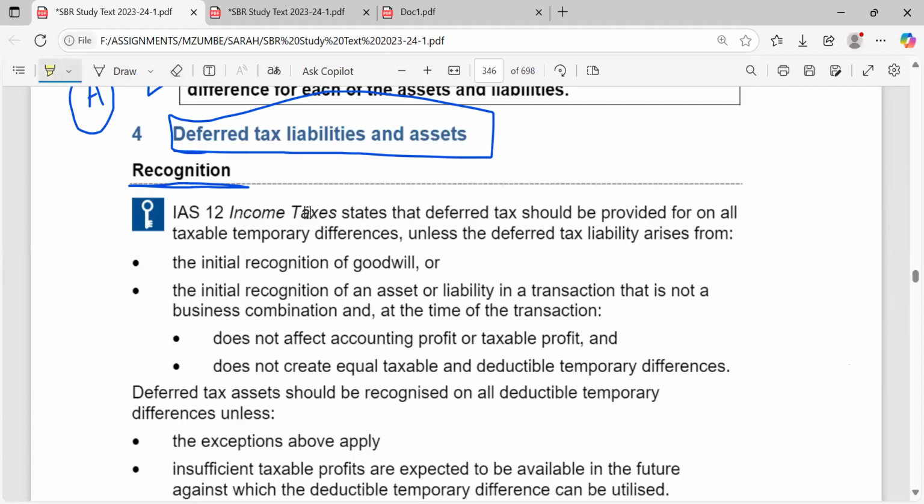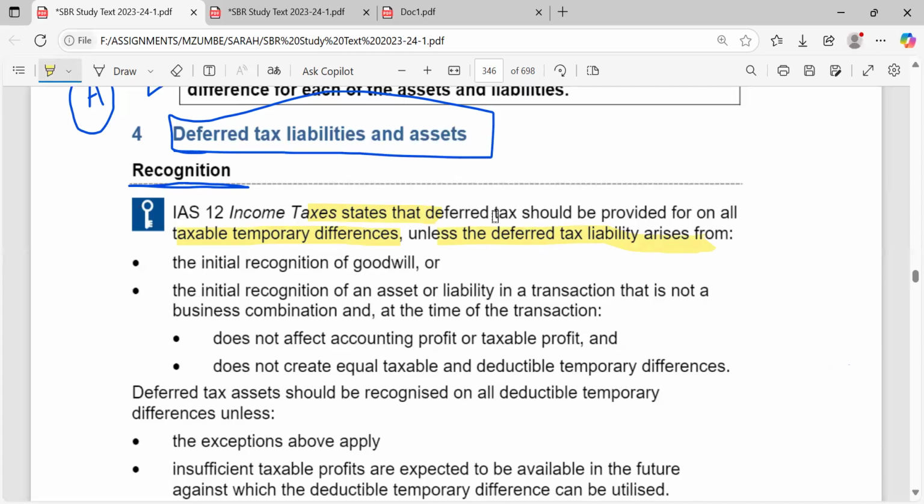So we say income taxes say that deferred tax should be provided for on all taxable temporary differences. Differences should be temporary, but of course they should be taxable. If not taxable, it's obvious. Unless the deferred tax liability arises from the following. So any deferred tax liability that arises from the following, right, we should not include, right?